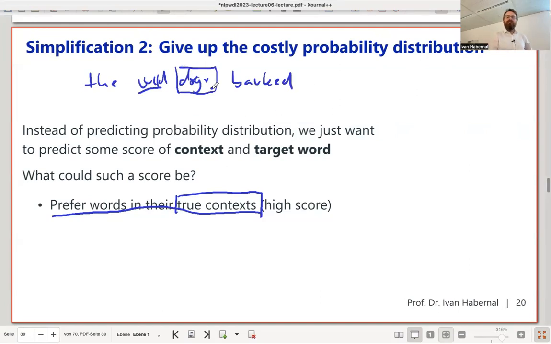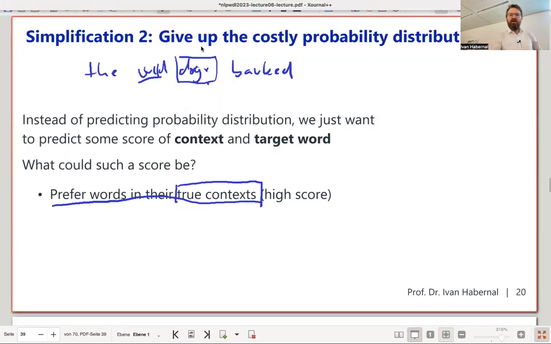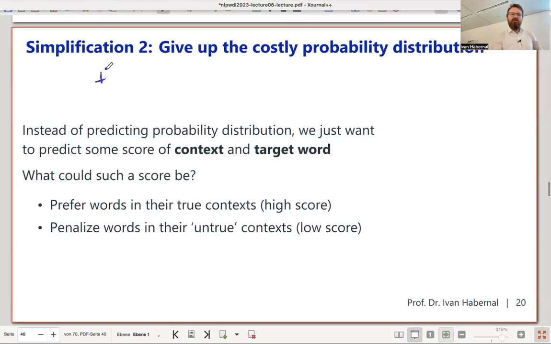And if dog is in its true context, like the wild and barked, we're going to score it high. And if we have words in their untrue context, I'll come to that later, we don't want to score it high. What it means is that we can create, maybe, the wild cat barked.